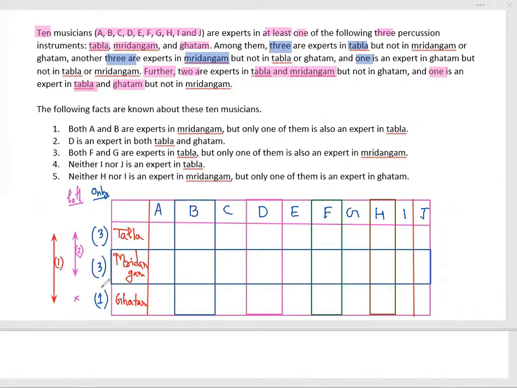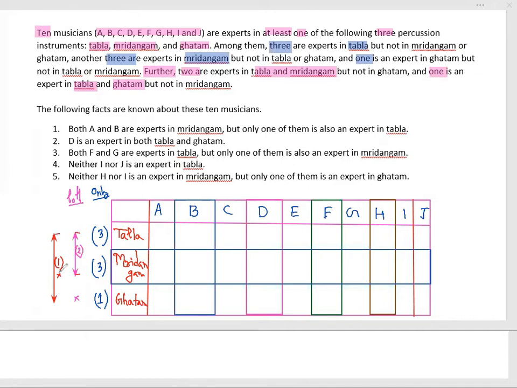But at that time it is not mridangam. So 1 is tabla and ghatam but not mridangam. Okay, so this way I can find it out. The 7 plus 2 plus 1, 10 people are considered like that. That is what I need to consider.